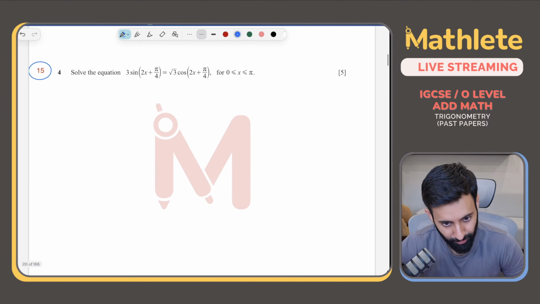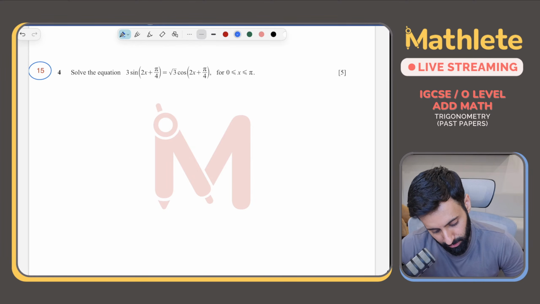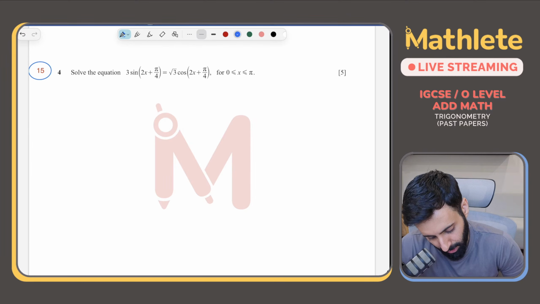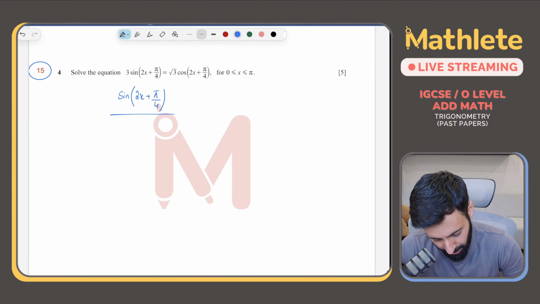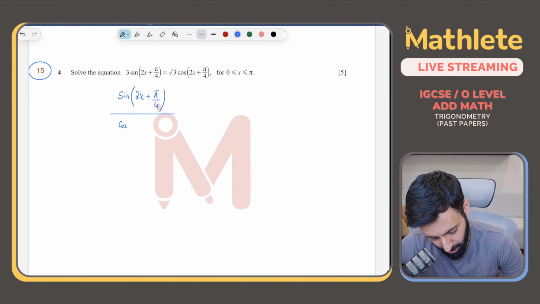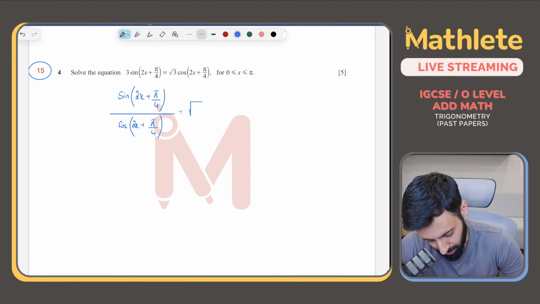Now solve the equation: root 3 sine of (2x plus pi upon 4) equals 3 cos of (2x plus pi upon 4). Okay, so first of all, we have two trigonometric functions. That is obviously not going to work. So let's turn this into tan, because we can write this as sine upon cos. So sine (2x plus pi upon 4) divided by cos (2x plus pi upon 4) equals under root 3 upon 3.